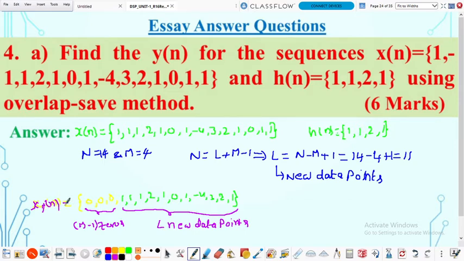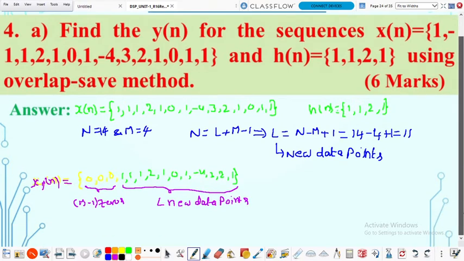According to the concept of the overlap save method, the second data sequence is arranged as follows: from the second block to the remaining blocks, each block consists of the last m minus 1 data points of the previous block. So now here, note the second data sequence.